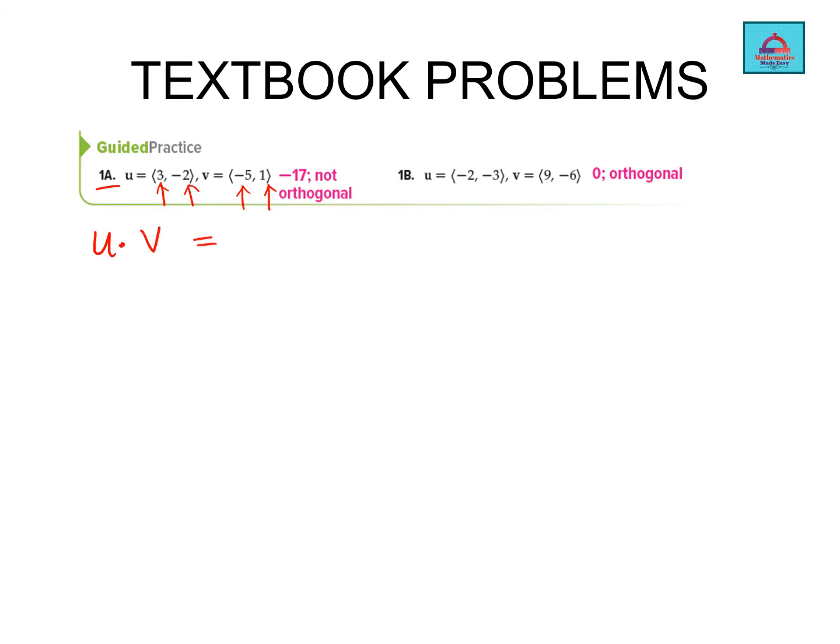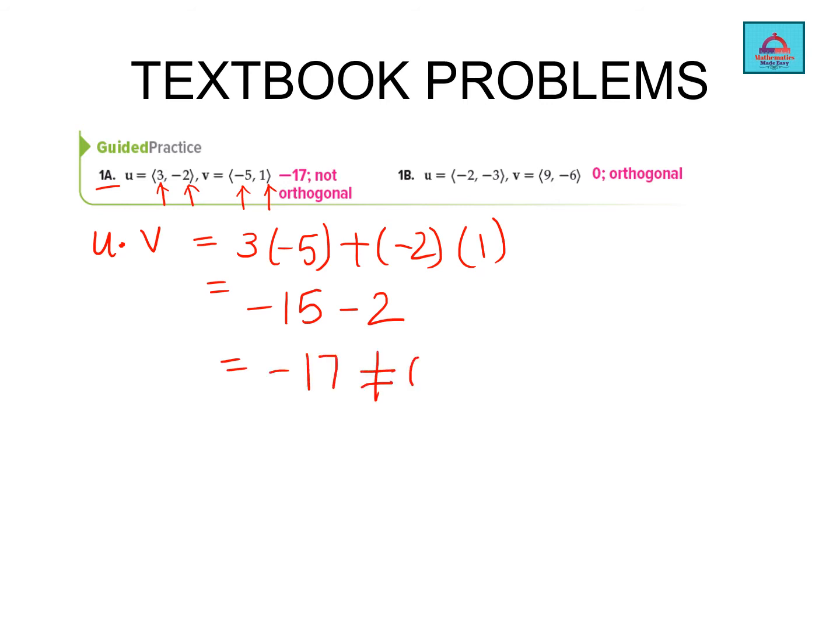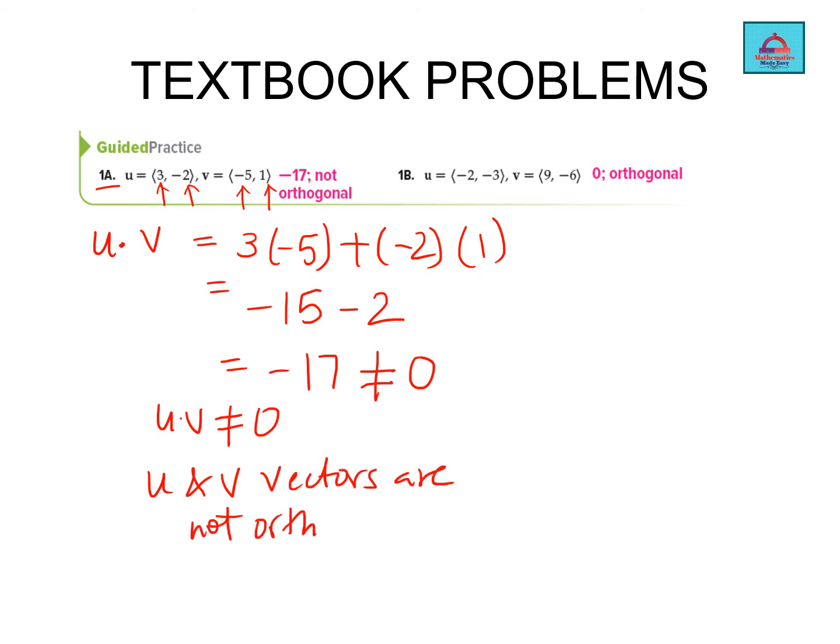So 3 will be multiplied with minus 5 and minus 2 will be multiplied with 1. So let's see the result. Minus 15 minus 2, so it is minus 17. That means it is not 0. So if the dot product is not equal to 0, we can say the vectors are not orthogonal. So u and v vectors are not orthogonal. That's the condition you had to check.